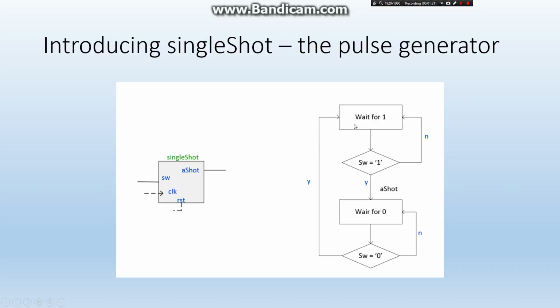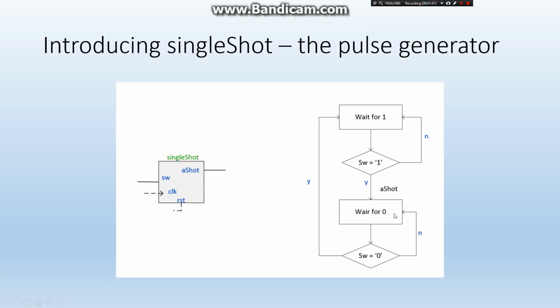If you're waiting for 1, which is the very first state of this state machine, and you assert switch, so if switch is equal to 1, you assert A shot and go to wait for 0. A shot is going to be asserted for the amount of time until the next clock event. So you change to wait for 0 and your A shot goes to 0.